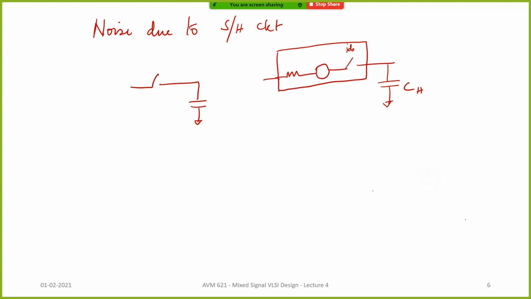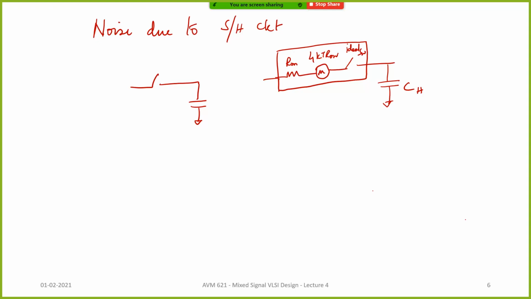This is your ideal switch, this is the on resistance, and this is the noise component. So what will be the noise power spectral density for this? It is 4kT Ron. 4kT Ron is the voltage noise spectral density.